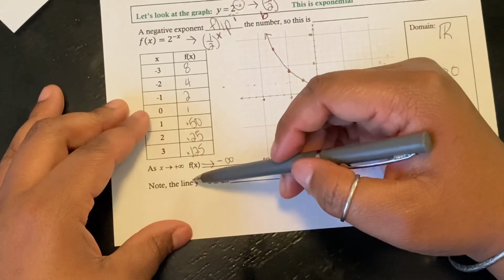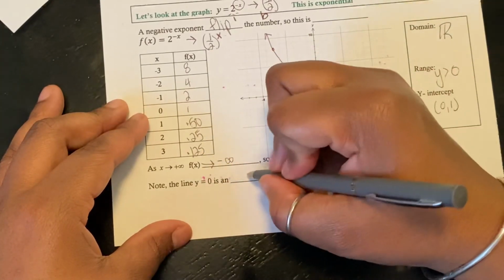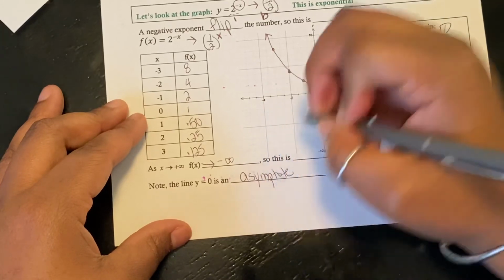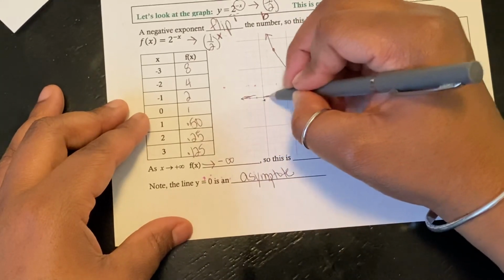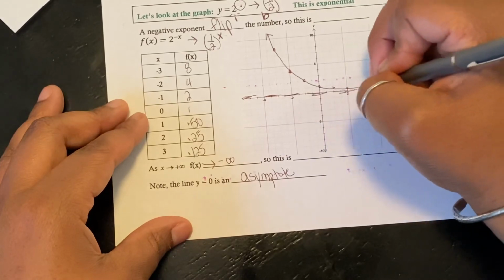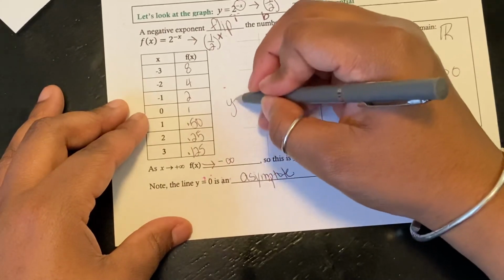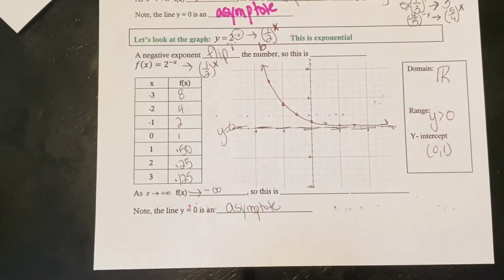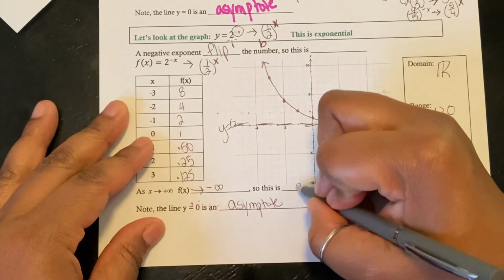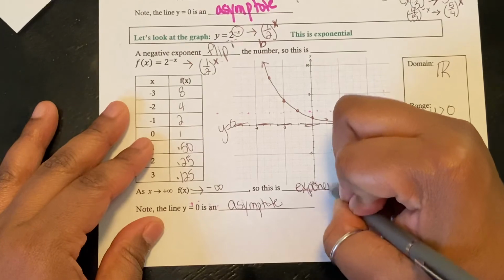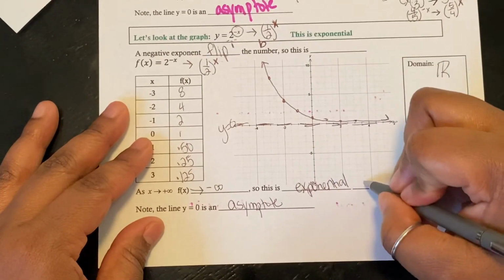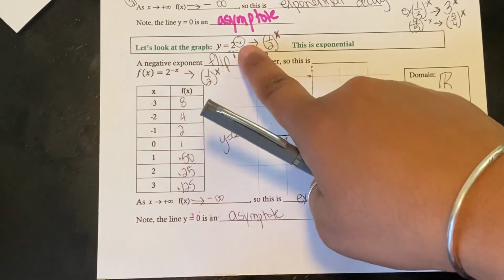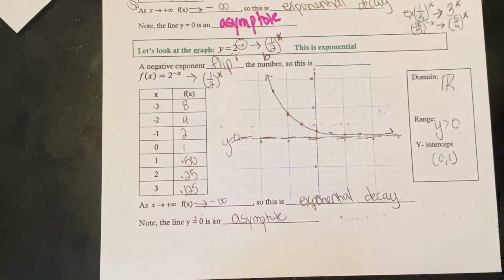And note the line y equals 0 is the asymptote. Okay. So this is an exponential decay. We had to change it because the exponent was negative.